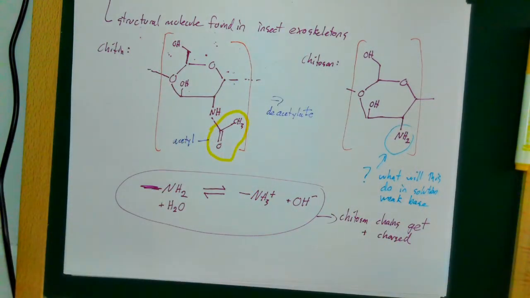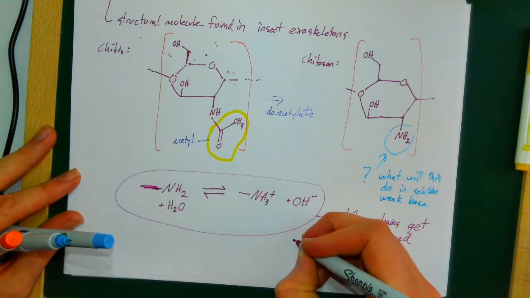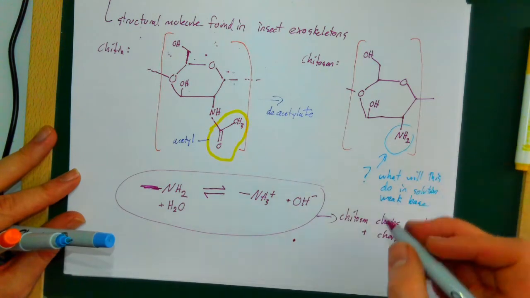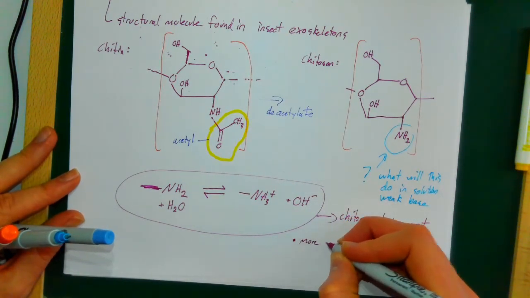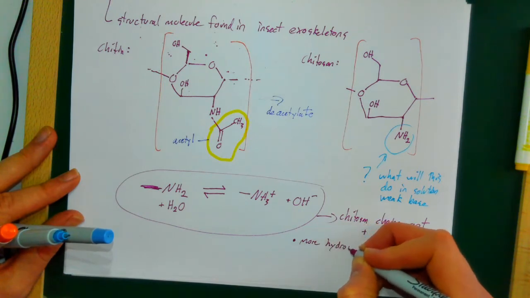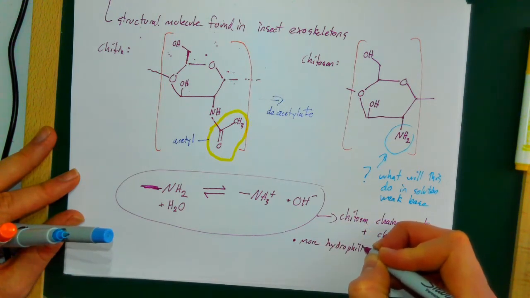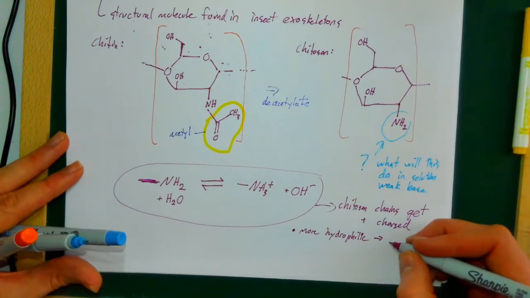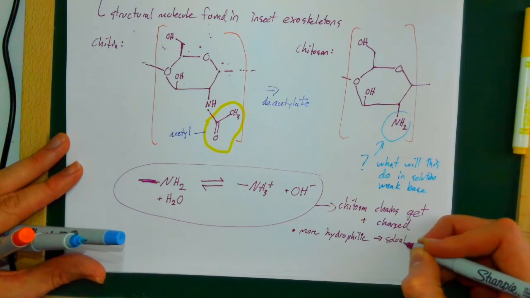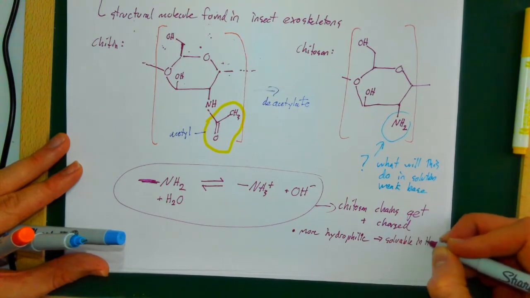So there are sort of two effects. One is that this effect of charging means that it's more hydrophilic, and basically it becomes so hydrophilic that it becomes soluble in water.